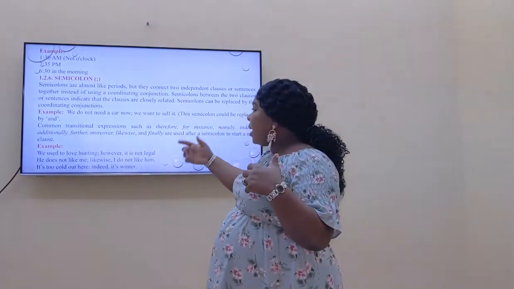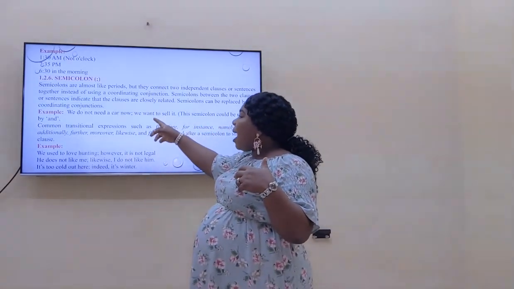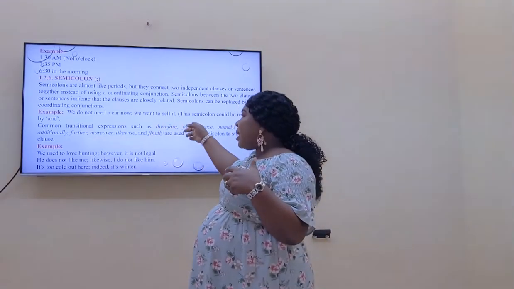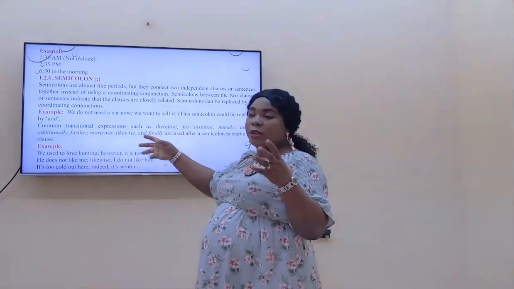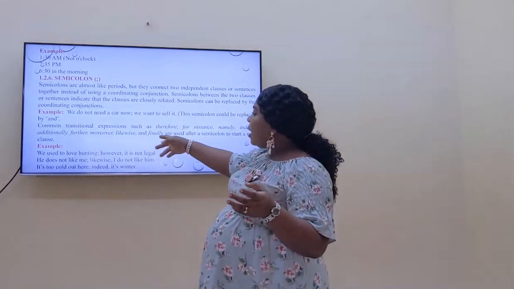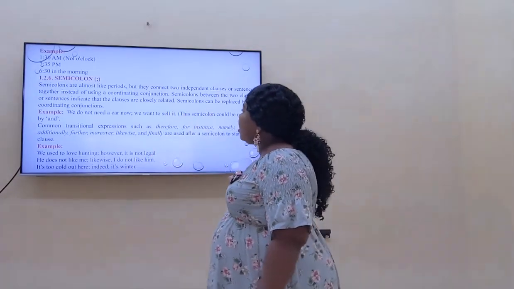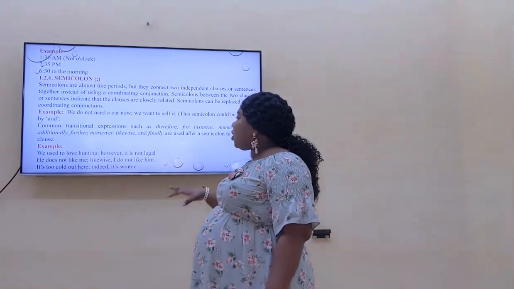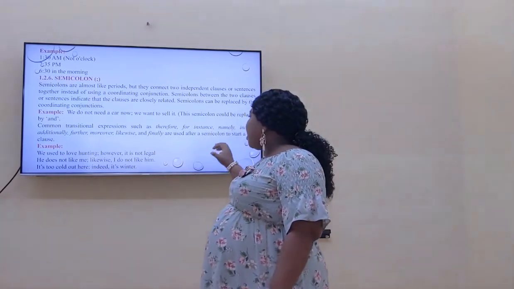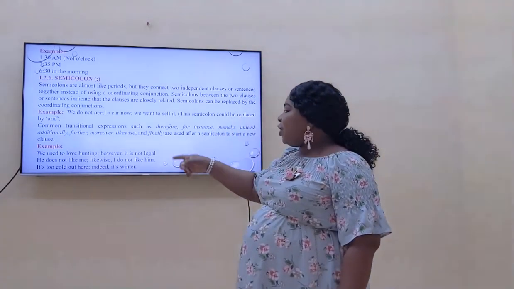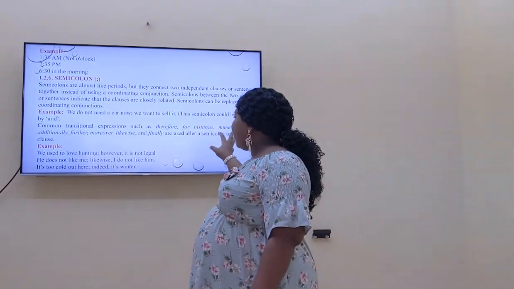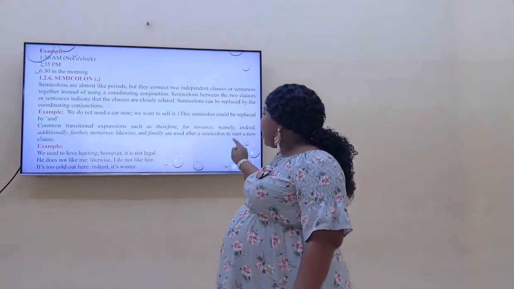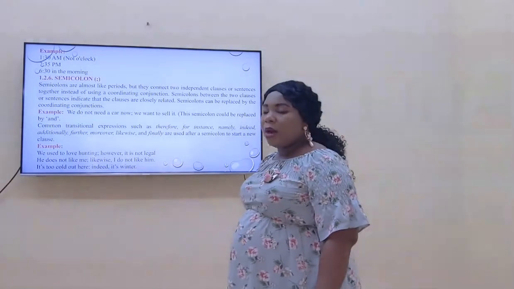So you could as well read, we do not need a car and we want to sell it. Right? But if you don't want to use an and, just put a semicolon and then you finish up your sentence. Okay, common transitional expressions such as therefore, for instance, namely, indeed, additionally, furthermore, and the rest of them are used after a semicolon to start a new clause.